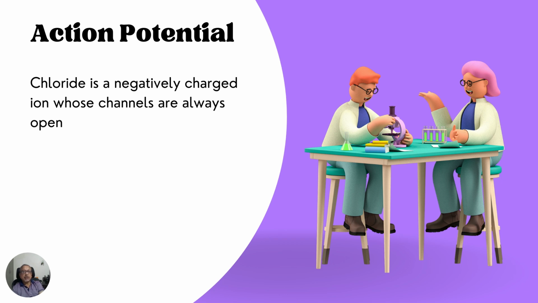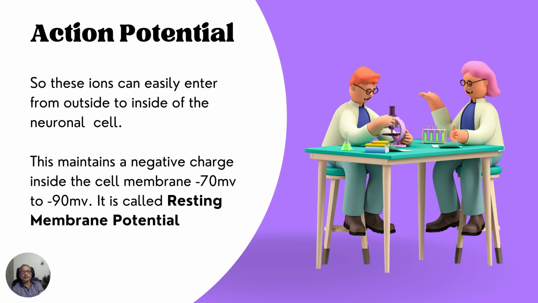Now, chloride ion is also a negatively charged ion, whose channels are always open on the cell membrane of a neuron. So these ions can easily enter from outside to the internal environment of a neuronal cell, and they maintain the negative charge inside the neuronal cell, minus 70 to minus 90 millivolt, and it is called the resting membrane potential.